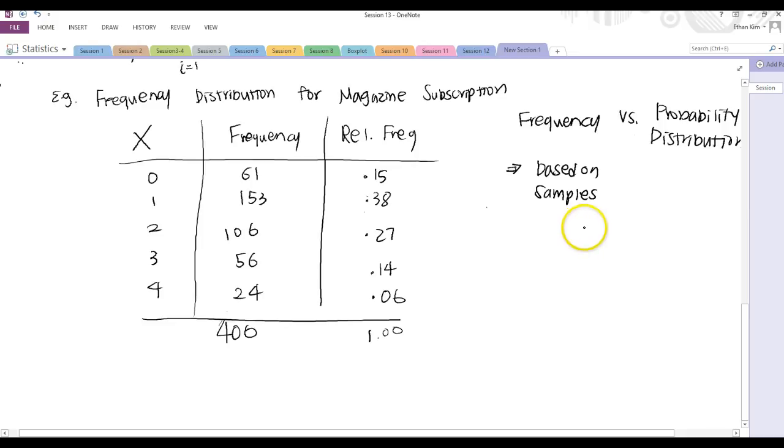We just collected a sample, and we're just analyzing it. Whereas the probability distribution function is always going back to the population. It is true that we are basing it off of a sample, but it is always talking about the population rather than just the sample.